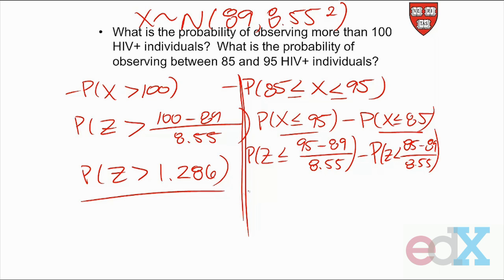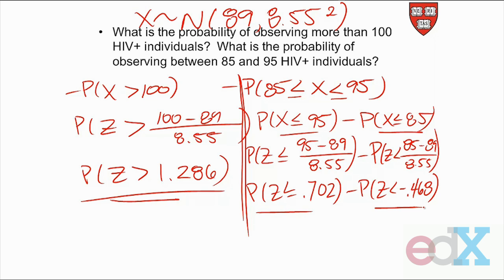Plugging those numbers into a calculator, we get the probability z is less than or equal to 0.702 minus the probability that z is less than negative 0.468. These numbers we can get from Stata in order to do our probability calculations. So open up Stata on your computer now.